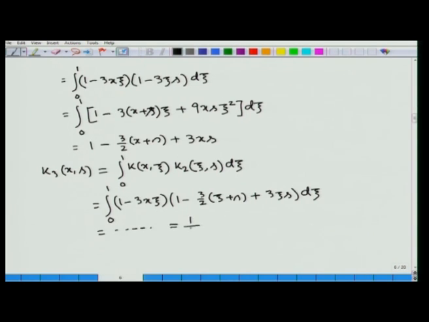This will be equal to 1/4 (1 minus 3xs). This result is very important, because from here you can observe this k3(x,s) is nothing but 1/4 k1(x,s).